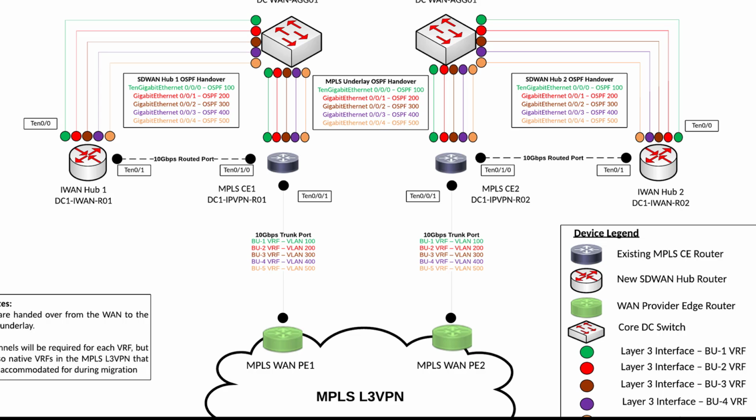So this illustrates the value in color coding your diagrams. Also, if you look at the circles that are red, green, brown, purple and orange on the diagram, these illustrate layer 3 interfaces that run between the data center WAN aggregation switch and the MPLS CE.